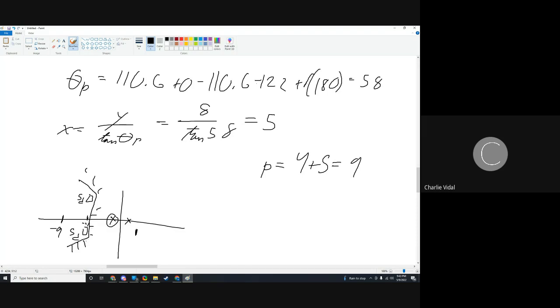The problem is this is at +1, this is at -9. So this is just 9 plus 1, which is equal to 10. And if you were to take the distance between these two, it would obviously be 5, right? Because 10 divided by 2 is equal to 5.